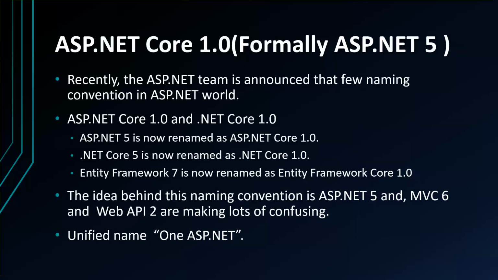There are other areas they renamed too: ASP.NET 5 is now ASP.NET Core 1.0, and the core framework, .NET Core, is now .NET Core 1.0. Entity Framework is now Entity Framework Core 1.0. They want to make it one ASP.NET team, that is ASP.NET Core 1.0.